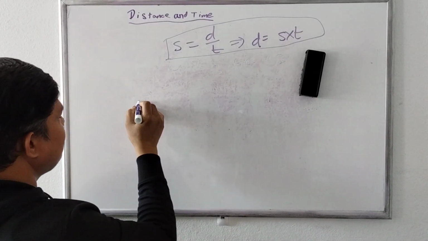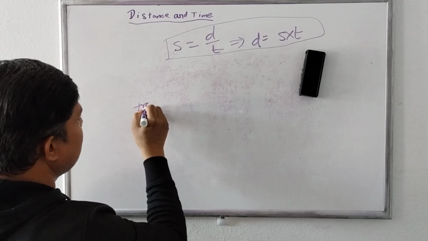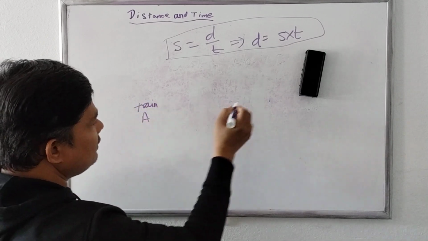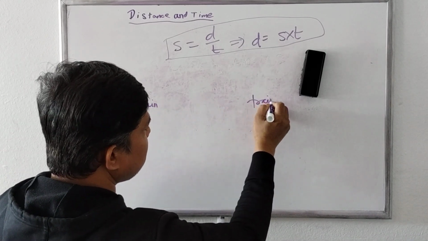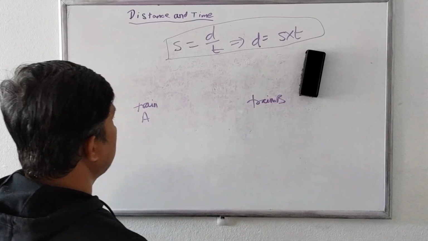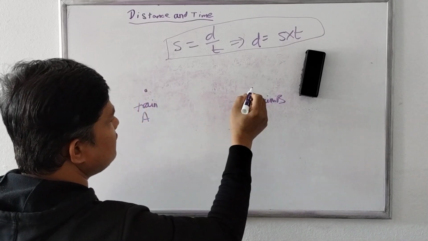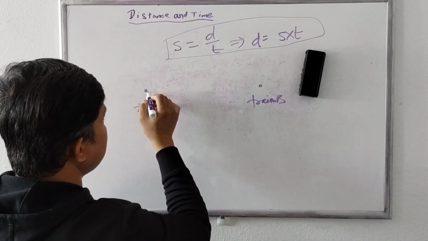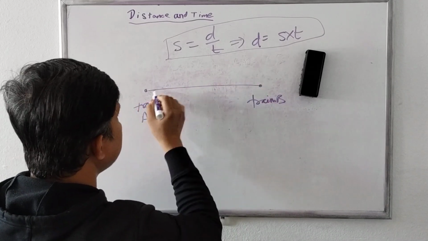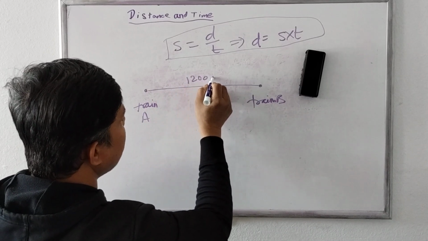Let's say there is one train, train A, and train B, at two stations, and the distance between these two is 1200 miles.